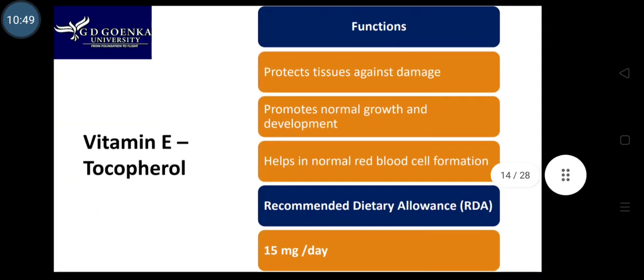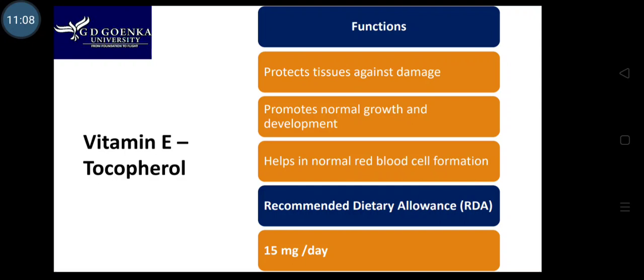Vitamin E is found basically in non-vegetarian foods. It protects the tissue against damage. The normal functions are to promote normal growth and development and help in normal red blood cell formation.